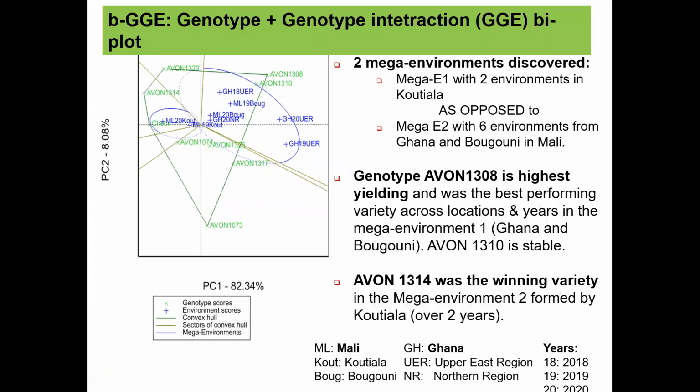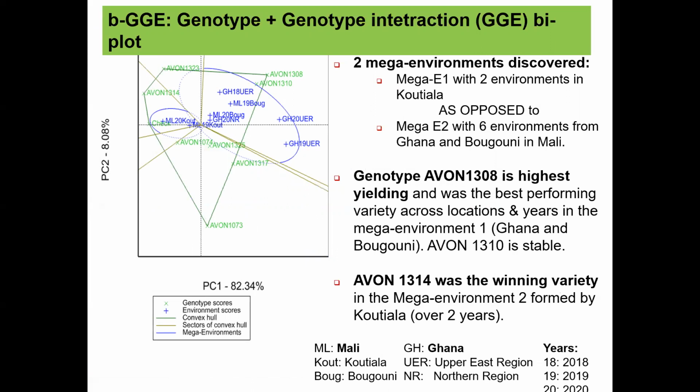The second model was genotype plus genotype by environment interaction, GGE biplots. GGE biplot generated 7 sectors and grouped the sites and years in 2 major mega environments.